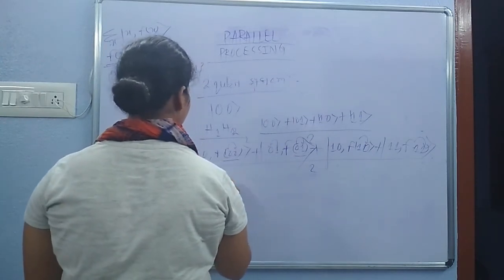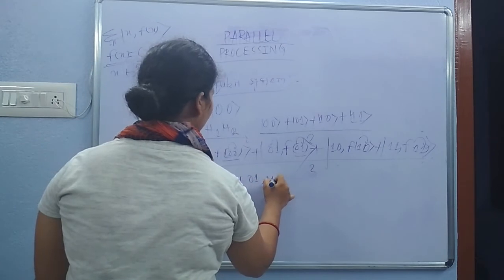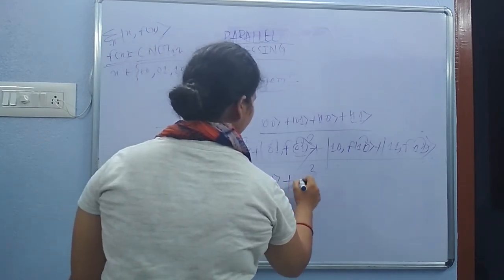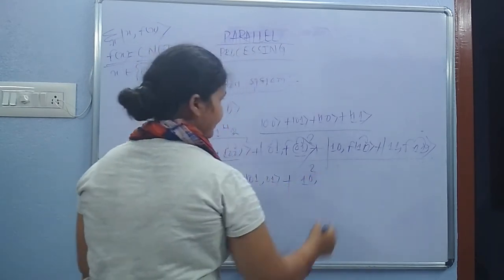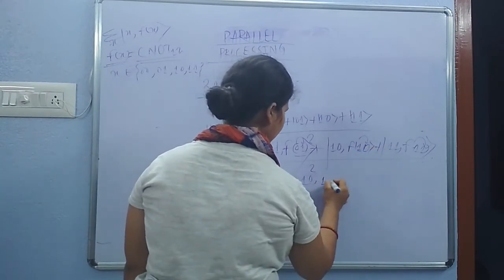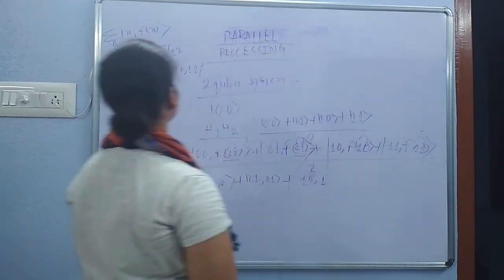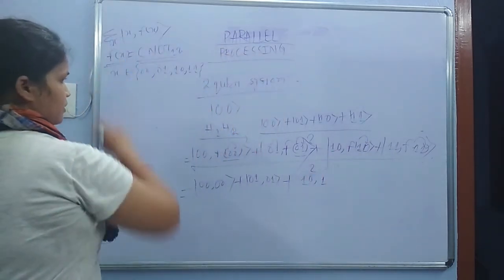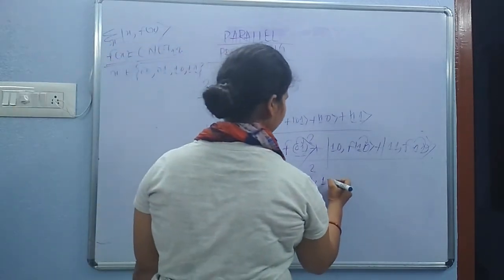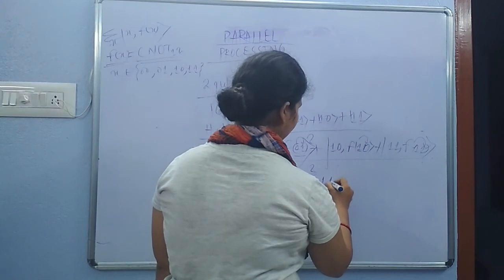So 0 0 0 0 plus 0 1 0 1 plus 1 0, and it flips to 1, as you know from the C naught, so 1 1.